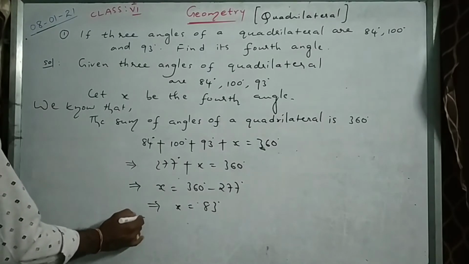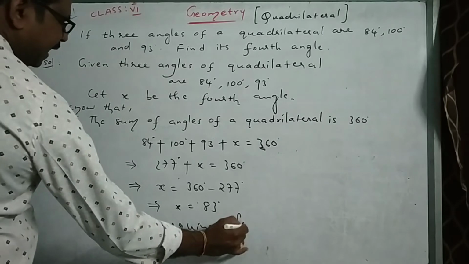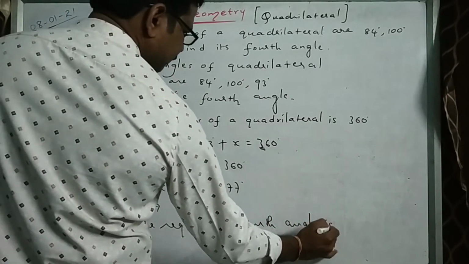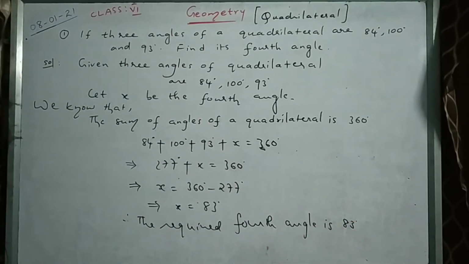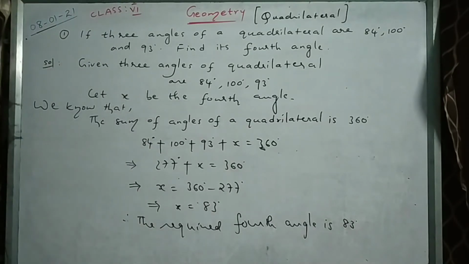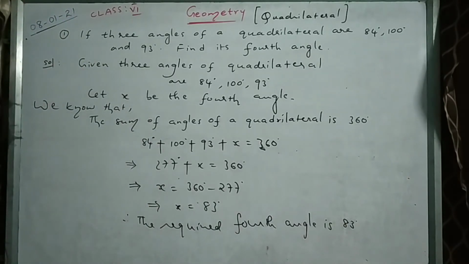Therefore, the required fourth angle is 83 degrees. We were given three angles and found the fourth angle by using the angle sum property of a quadrilateral.